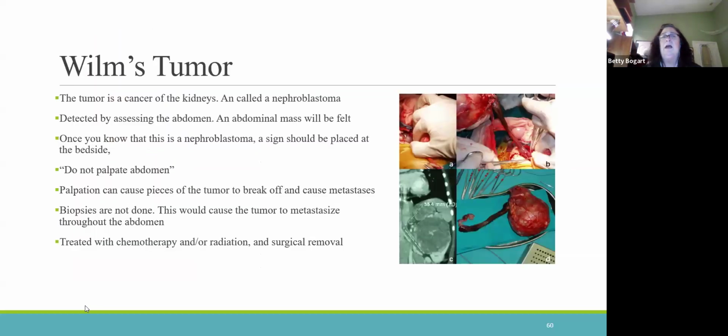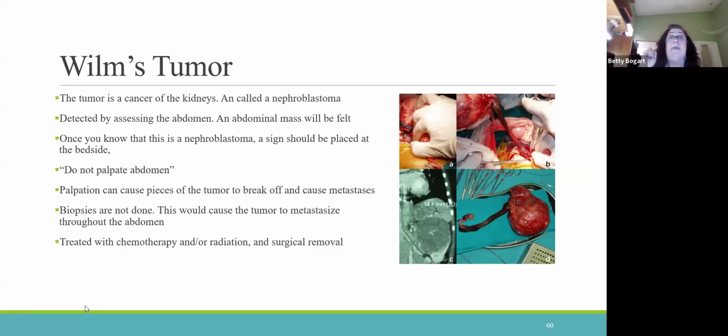Wilms tumor, a kidney tumor, nephroblastoma, or a Wilms tumor. It is this extremely fragile tumor on the kidney. The biggest concern of nursing preoperatively is do not palpate the abdomen, because if you do, little bits and pieces could fall out and now it's metastasized.